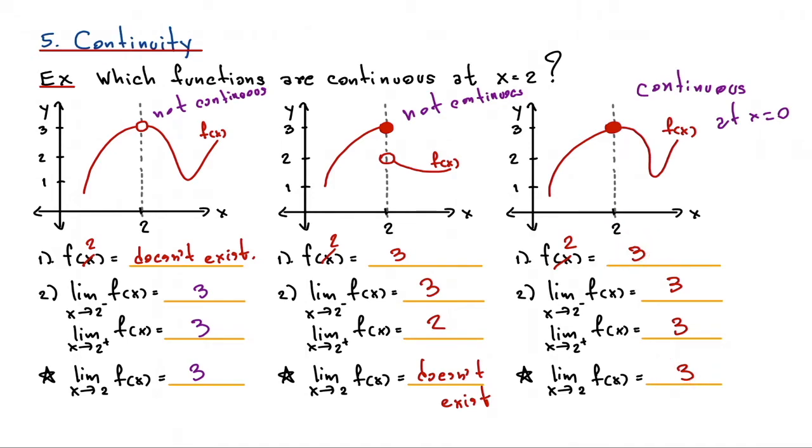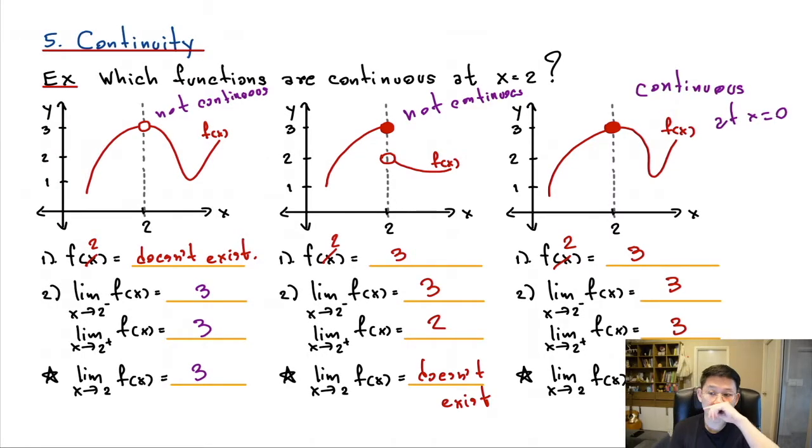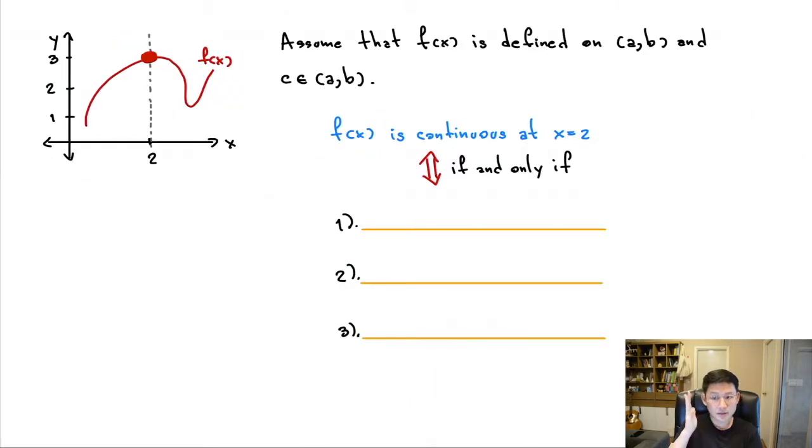So this is the concept. Next, we're going to look at a definition. F is defined on this interval. We say that f is continuous at x equals 2 if and only if, first, f(2) exists. You can find the value of f(2).